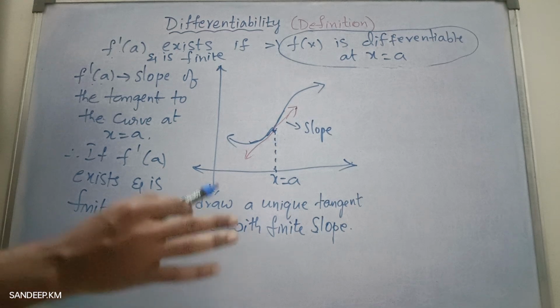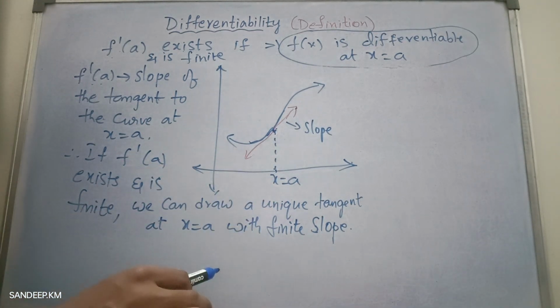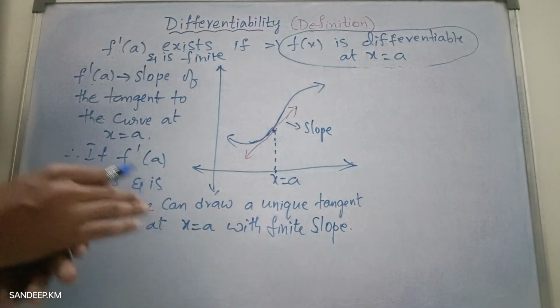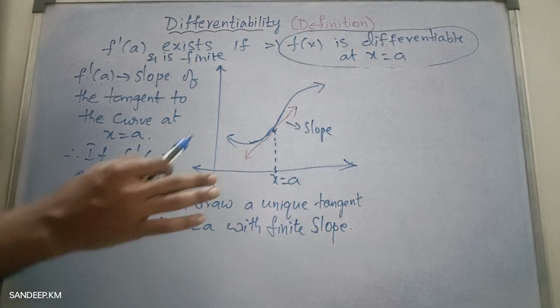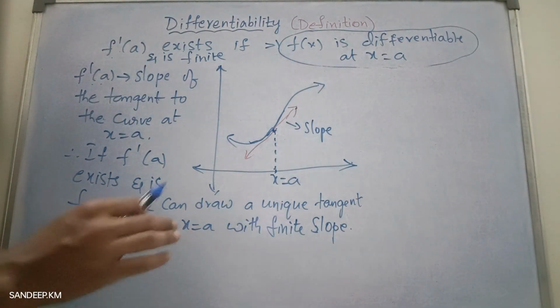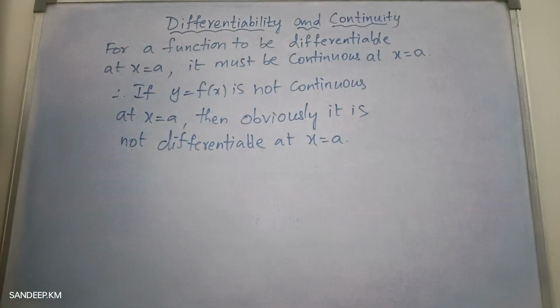We can check the differentiability of only a continuous function at x is equal to a. At x is equal to a, if the function is not continuous, obviously the function is not differentiable. Dear students, we will check the differentiability of only continuous functions. Keep this in mind.